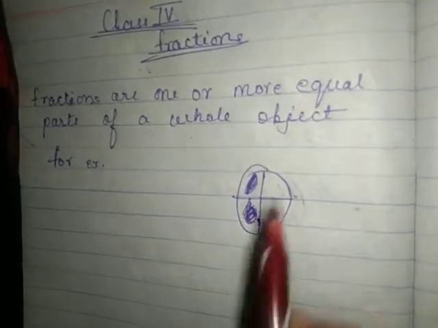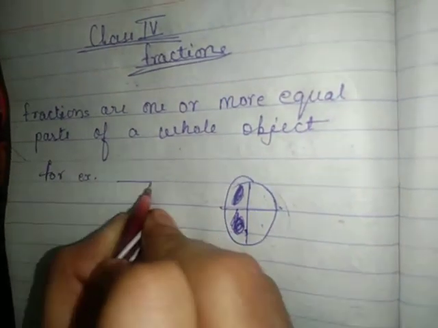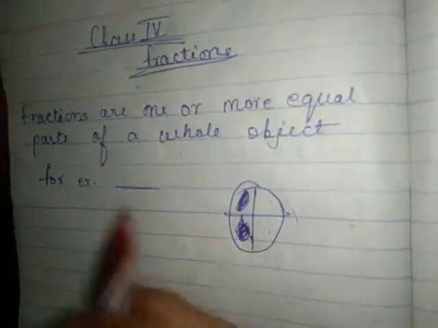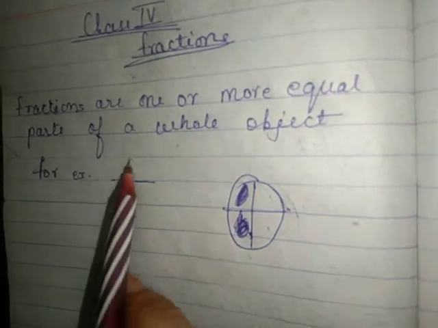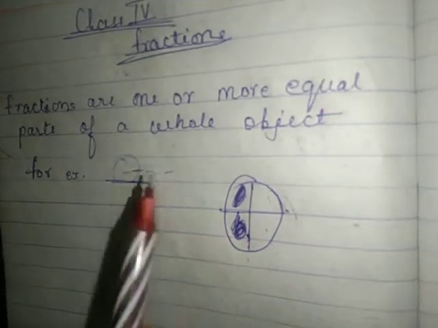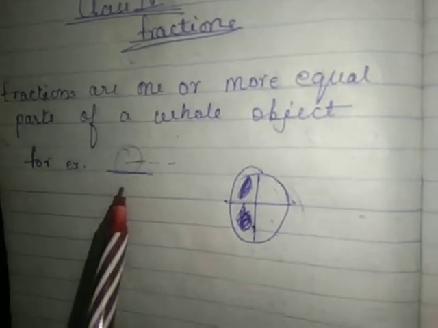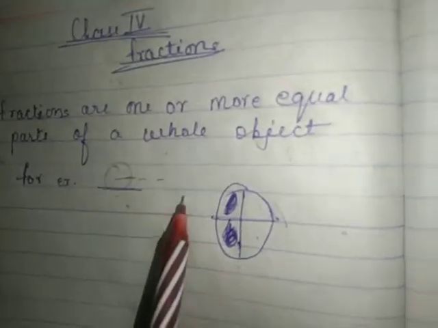Understood? Then how do we express the fraction? There are 2 things in a fraction. The upper number is called the numerator and the lower number is called the denominator.